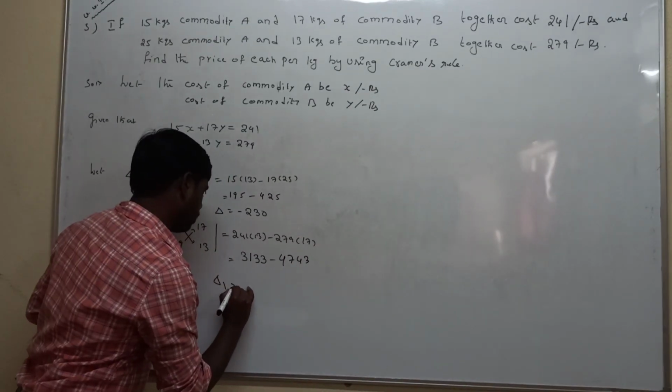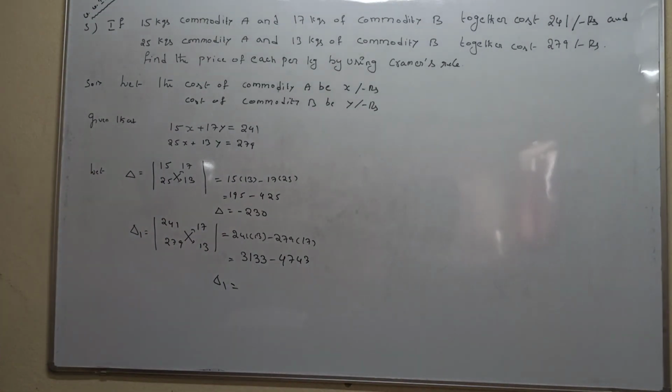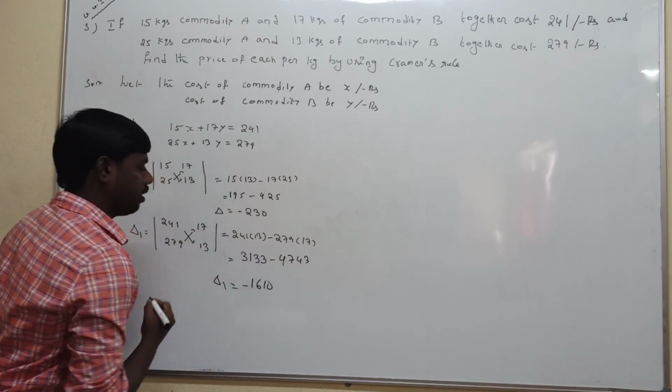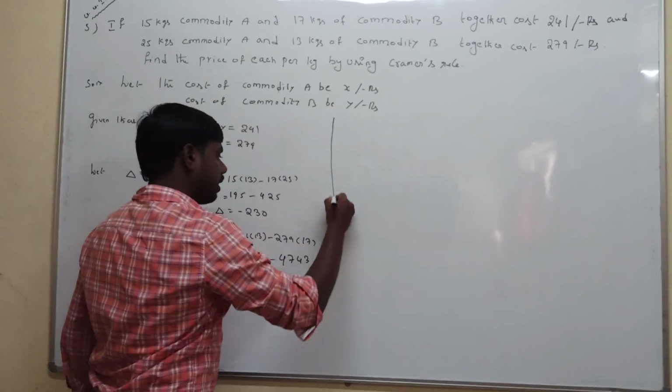So delta 1 is 3133 minus 4743, which is minus 1610.